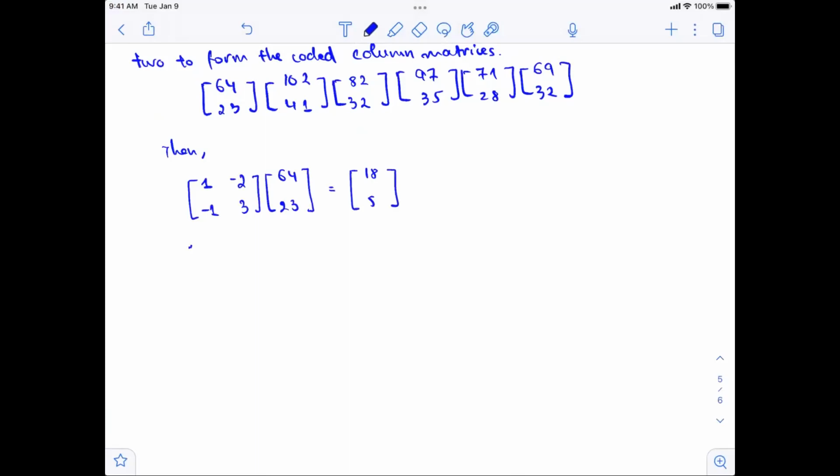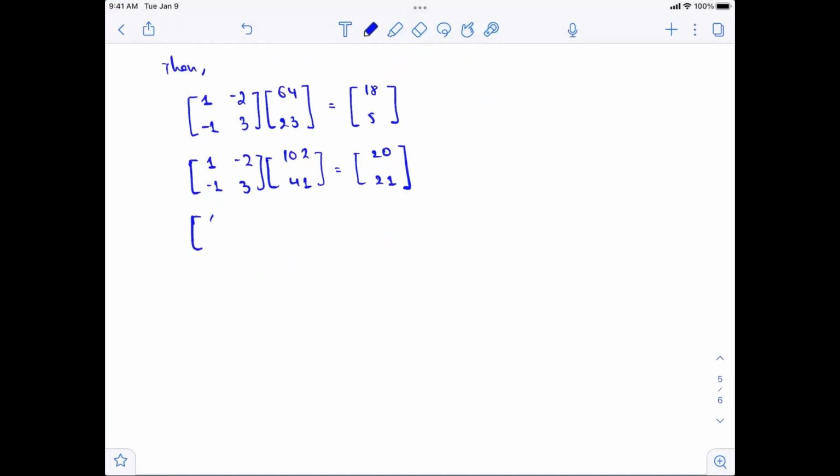And we do the same for the next column matrix: apply the inverse matrix on the column matrix 102, 41 to get the column matrix 20, 21. Then the inverse matrix 1, -2, -1, 3 multiplied with 82, 32 is equal to 18, 14.